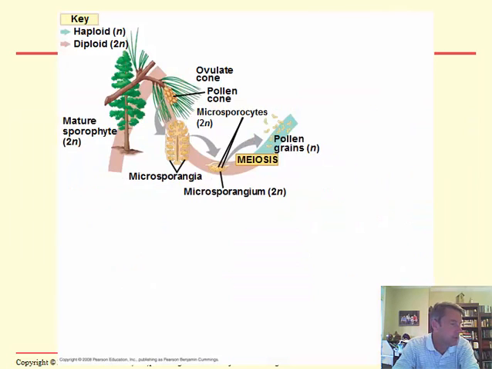And we can follow this. Let's look at a typical gymnosperm, the pine tree. There's two different types of cone in the gymnosperms, male and female cones. The male cones are the small structures on the pine tree that produce the pollen.